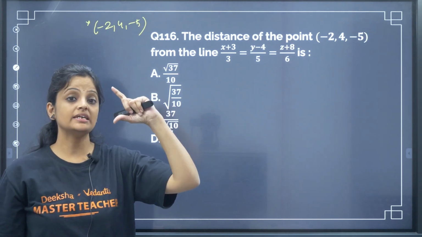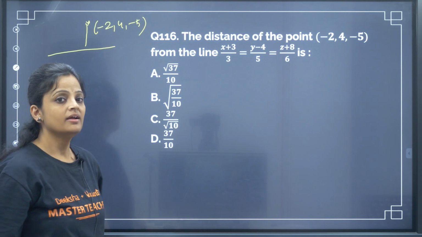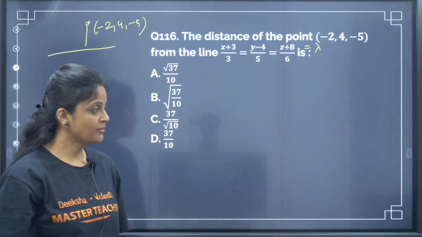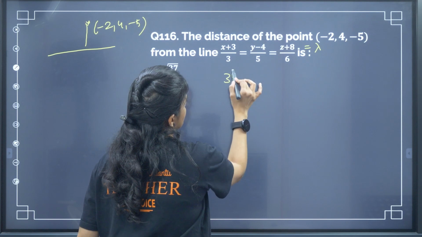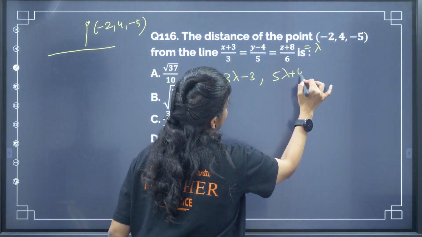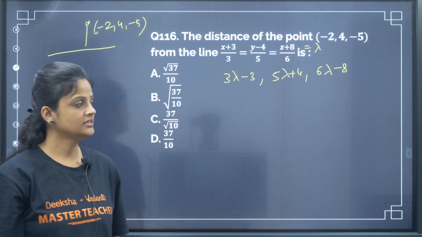There what we did is the equation. Here what we are doing is distance. But see, initially what we do? Same thing. Taking it as lambda, and we take 3 lambda minus 3, 5 lambda plus 4. We are so used to doing this, isn't it?